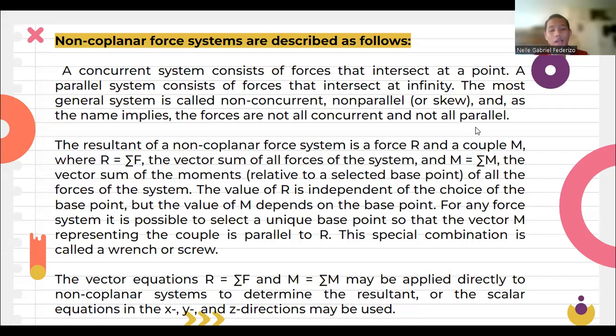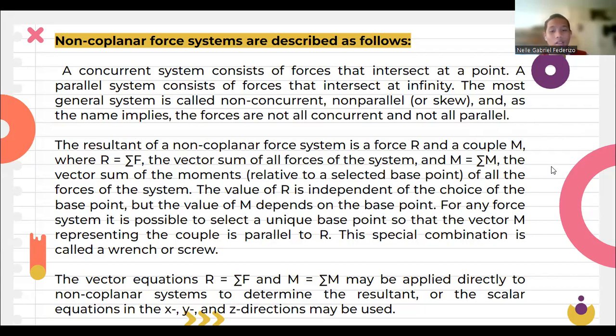The resultant of a non-coplanar force system is a force R and a couple M, where R is equal to sigma F, the vector sum of all forces of the system, and M is equal to sigma M, the vector sum of the moments of all the forces of the system.